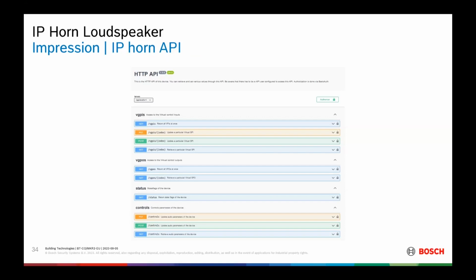So the HTTP API provides states for getting and setting virtual GPOs and GPIs, getting system states like PoE state, high memory usage, speaker test, and so on, and also getting and setting controls like user level, mic level, and line level. So this is a very good tool for testing and demonstrating the API, and it helps to understand the way of working and shows the scope of the interface.